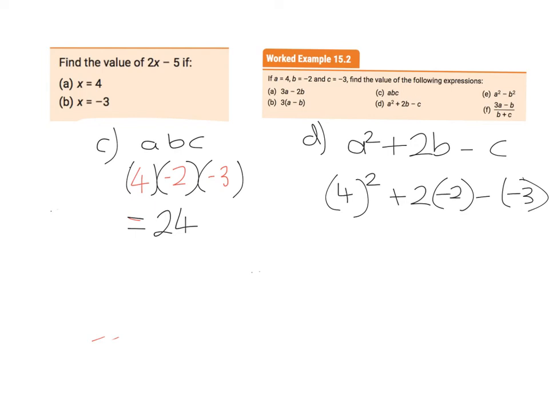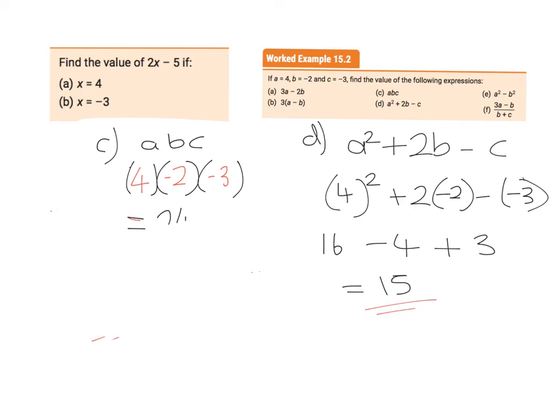Now, if you've got your calculator, you can just put all of that directly into the calculator. I'm just going to do it separately. 4 squared is 16. Plus 2 by a -2 is going to give me -4. And minus by -3 is going to give me +3. So 16 minus 4 is 12. And 12 plus 3 will be 15. And that's my answer for that one.